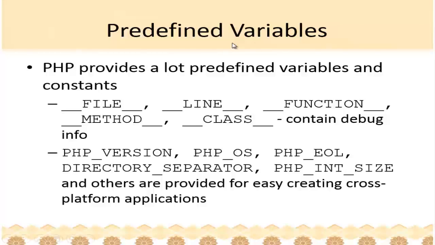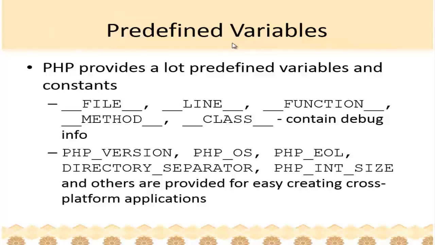The next one is the predefined variables. Whenever we think of using PHP, there are many variables which are very helpful in our programming. For example, when we run PHP code, if you want to know which operating system it is running on, suppose if it is Windows you want to run a separate module, or if it's Unix you want to run something else.